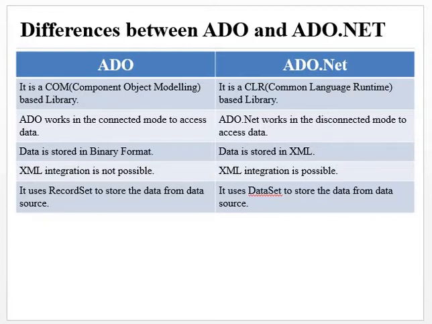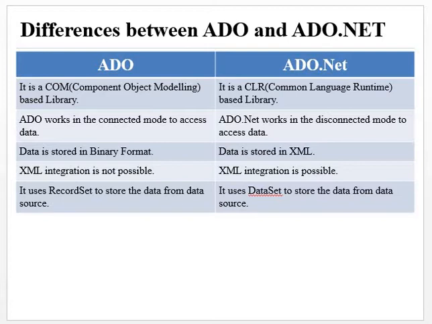The CLR provides memory management, garbage collection, exception handling, and such facilities. So it is very helpful when we are using a database with our application. So the first difference is based on the library. ADO uses a COM based library and ADO.NET uses a CLR based library.